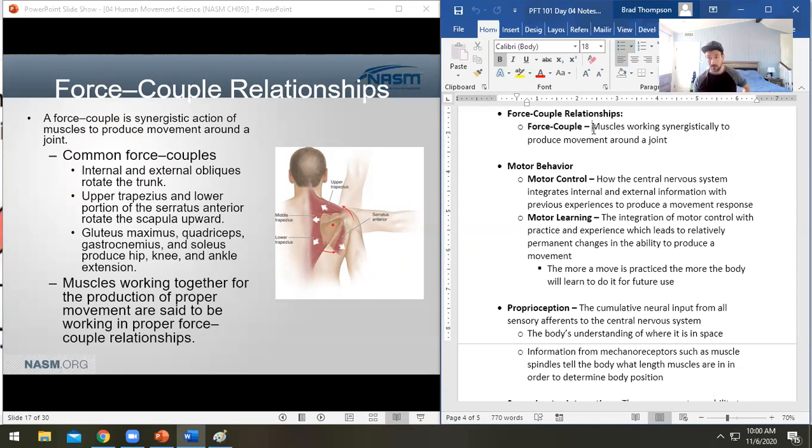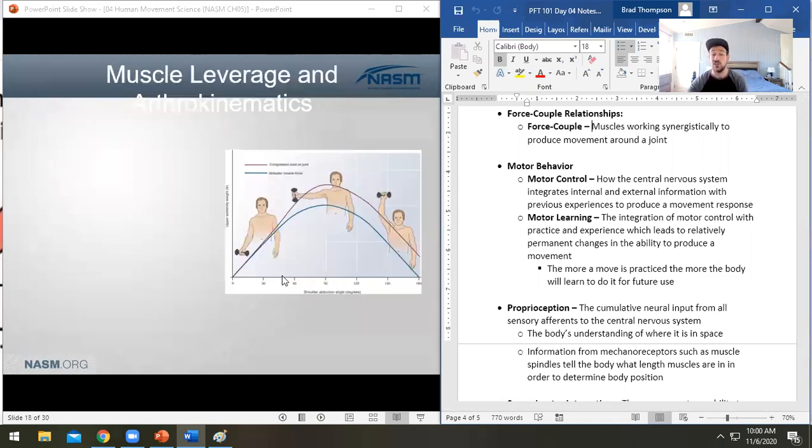So I need to go back to my assessments and figure out what muscle is firing improperly, to understand what I need to give a little bit of extra attention. It's like, got it, you're elevated here. This muscle's too tight. We need to do an extra stretch for the side of your neck every day before we start. Otherwise, you're going to learn this bad form. So that's your force couples.